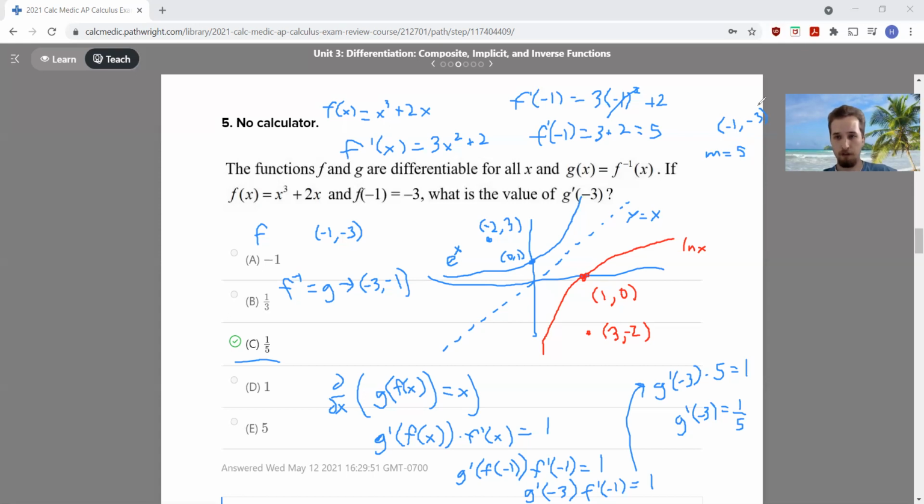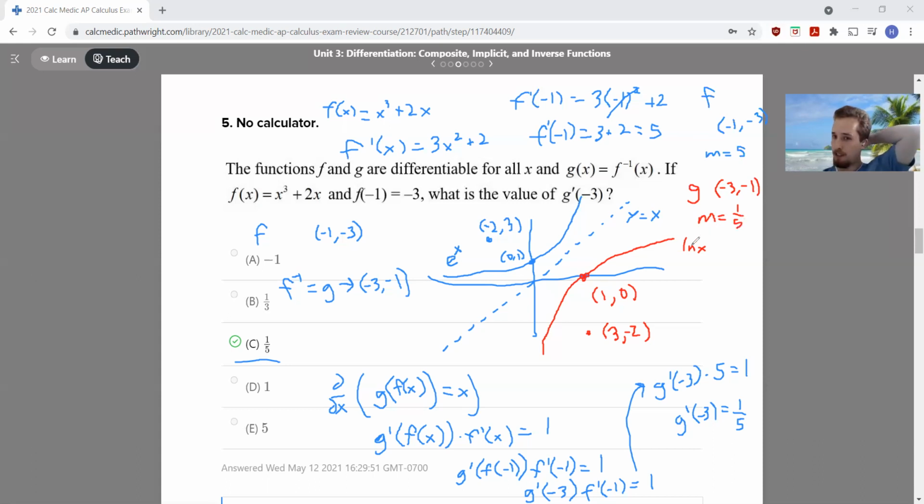So this is for f. So for g, which is the inverse, at the point, remember, we have to reverse the coordinates because it's the inverse, -3, -1, the slope is going to be 1 over 5.